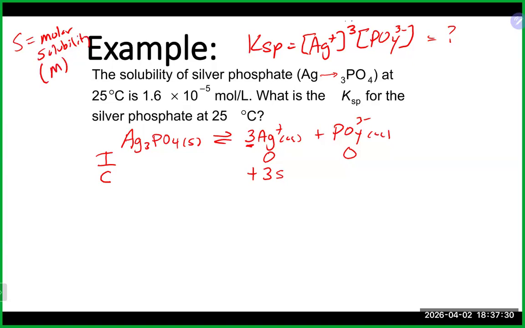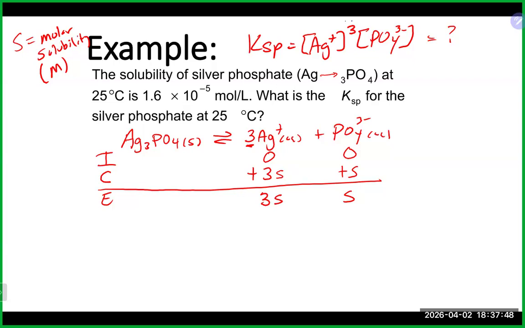So this would be plus S. When we get down to equilibrium, we basically have 3S and S.